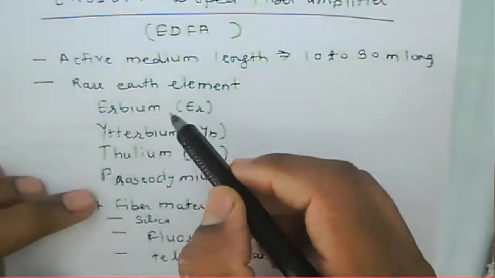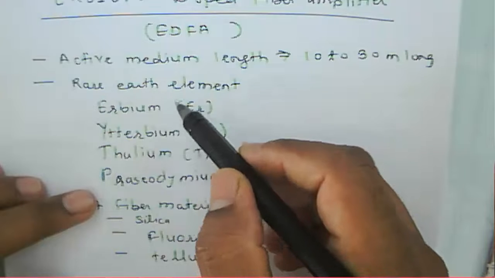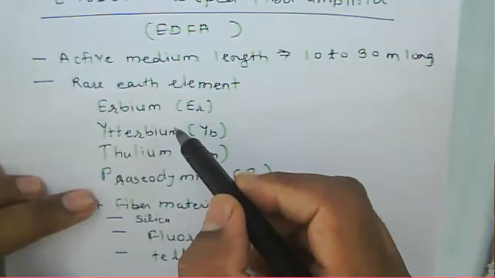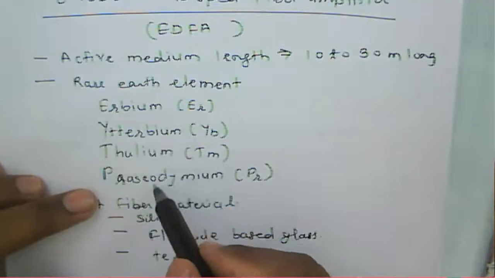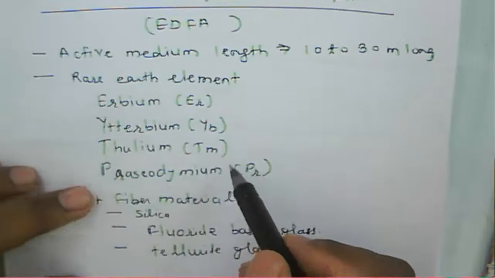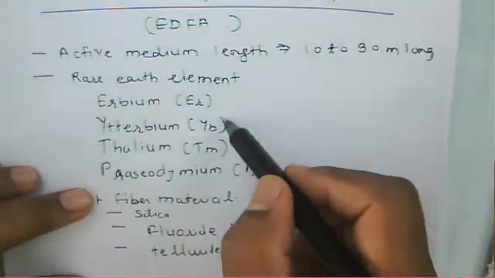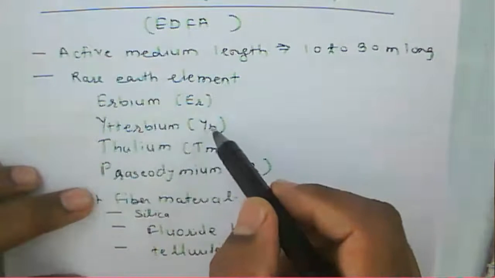The rare earth elements are erbium, yttrium, thulium, and praseodymium. So these are the rare earth elements that are used.